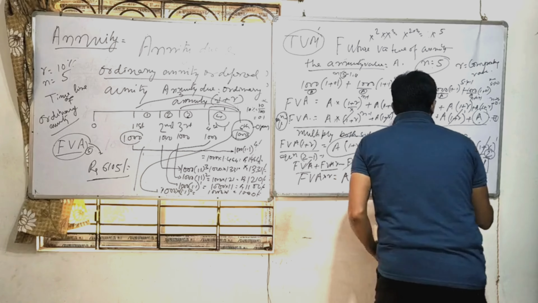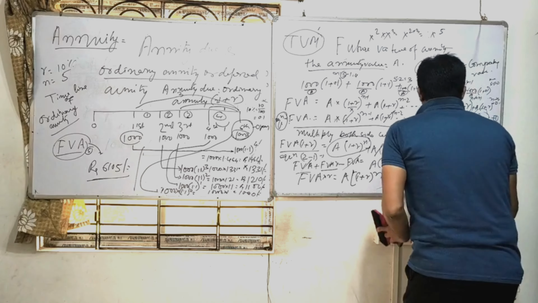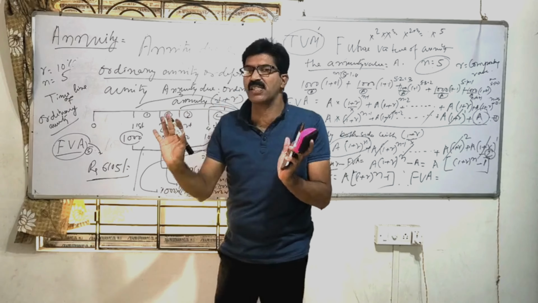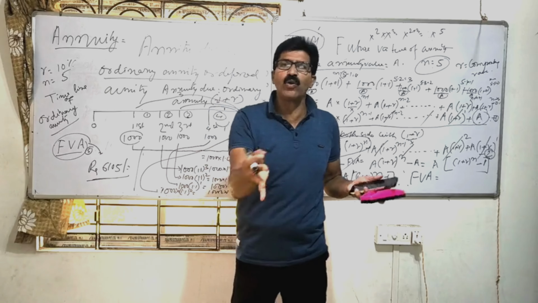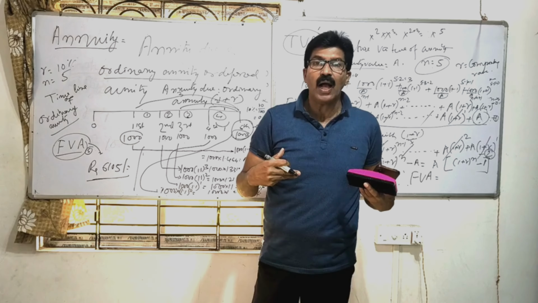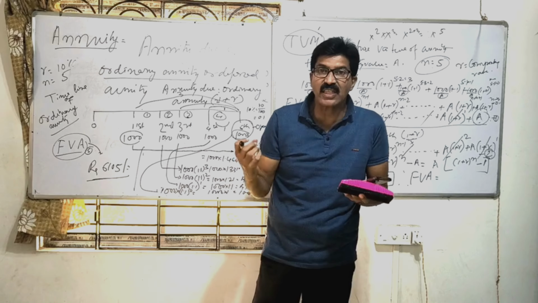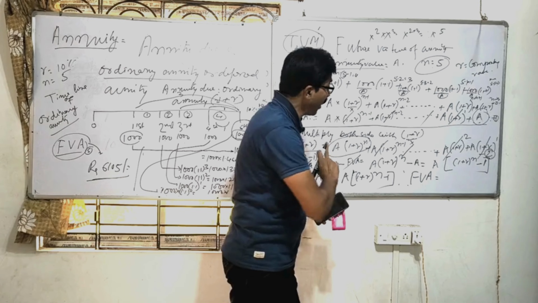So please go through my video thoroughly. You will have a very clear concept. Concept is very important, because you can put any value there and find a value, but how this formula has been extracted, that is very important.